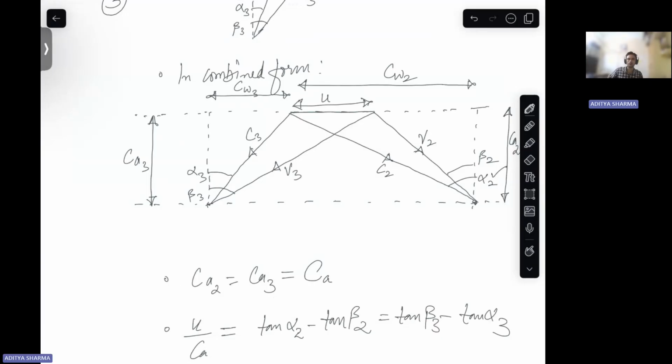Tangential velocity you can see from CW2 and CW3. So CW3 is less than CW2. Also, your C3 is less than C2.